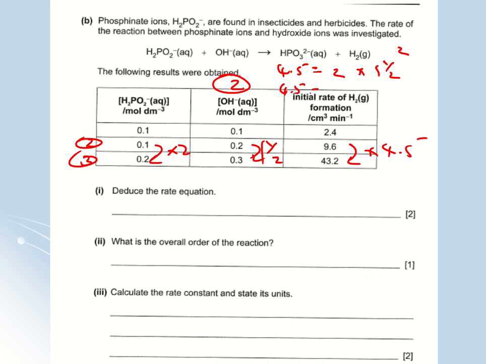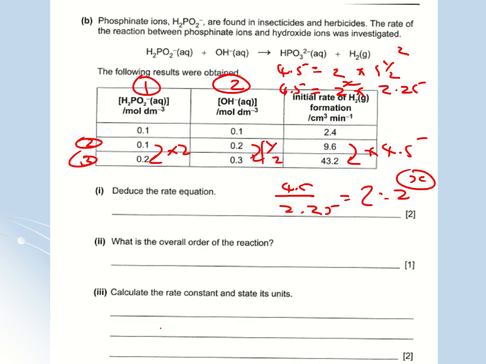So 4.5 equals 2 multiplied by 2.25. Or I should say 2 to the X, because that's the value I'm trying to work out. So 4.5 divided by 2.25, which is equal to 2, equals 2 to the X. X value is 1. We got there eventually.